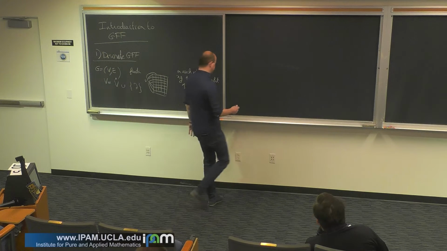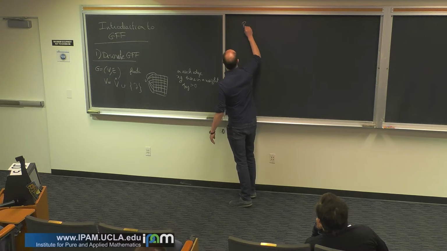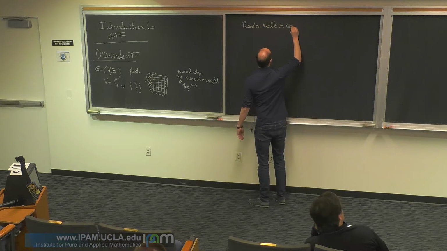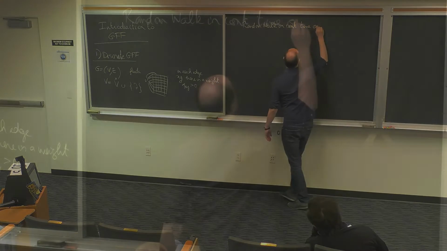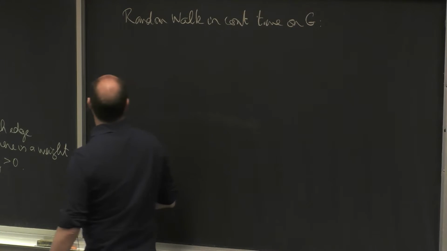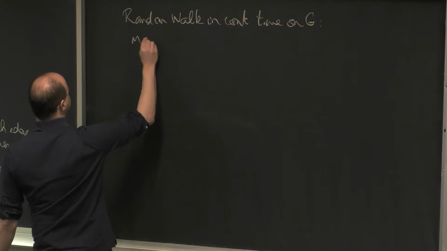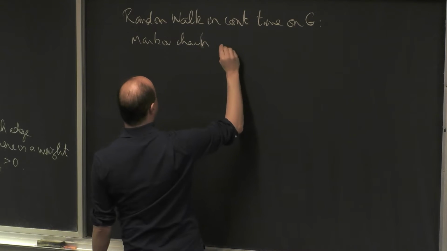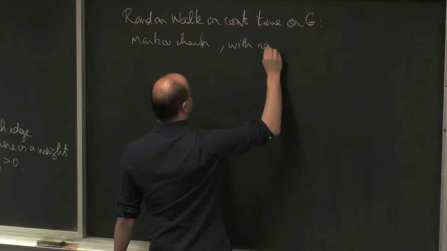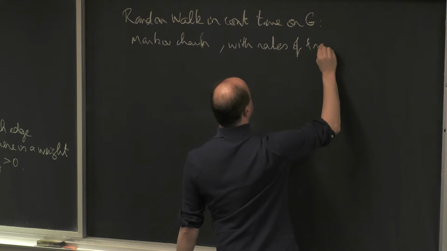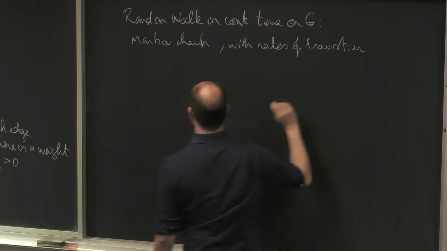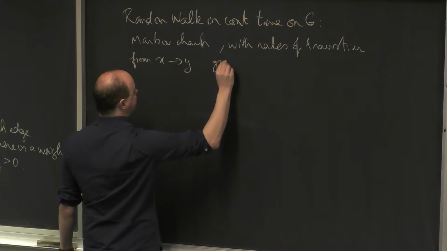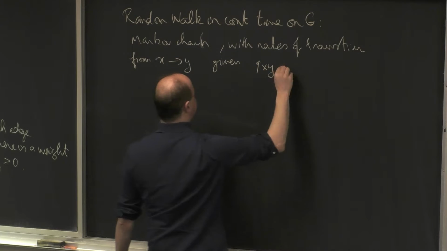So the random walk in continuous time on G is simply a Markov chain with rates of transition from x to y given by exactly this weight, q_xy.